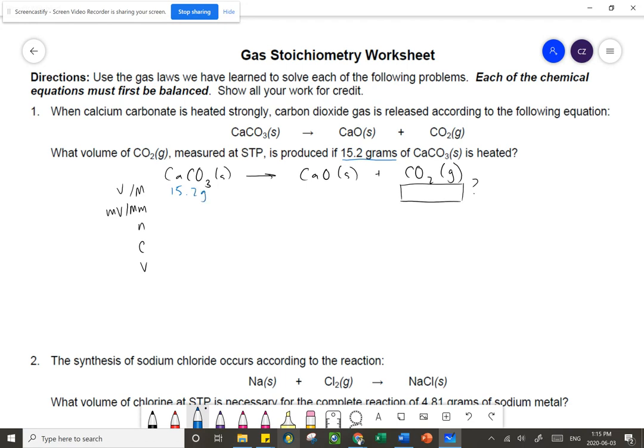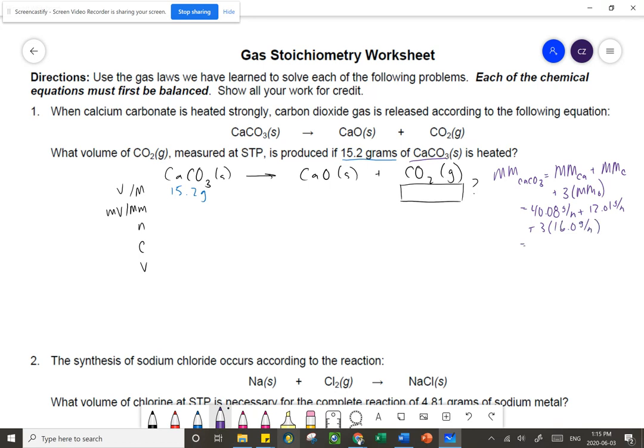Okay, now we know we're going to have to figure out moles. To do that, we're going to have to figure out what our molar mass is of CaCO3. So we know that's going to be the molar mass of calcium plus the molar mass of carbon plus 3 times the molar mass of oxygen. So if we look on our periodic table, that's going to be 40.08 grams per mole plus 12.01 grams per mole plus 3 times 16 grams per mole.